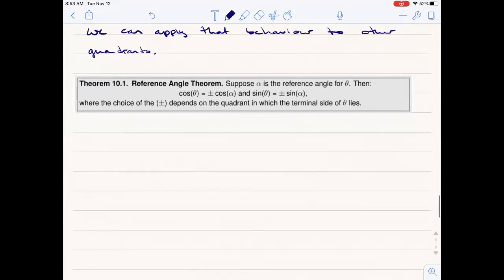So for example, if we've got a circle and our standard position, and we're here at, I don't know, only because I know it from later, negative 5 pi over 4, for example, puts us here.